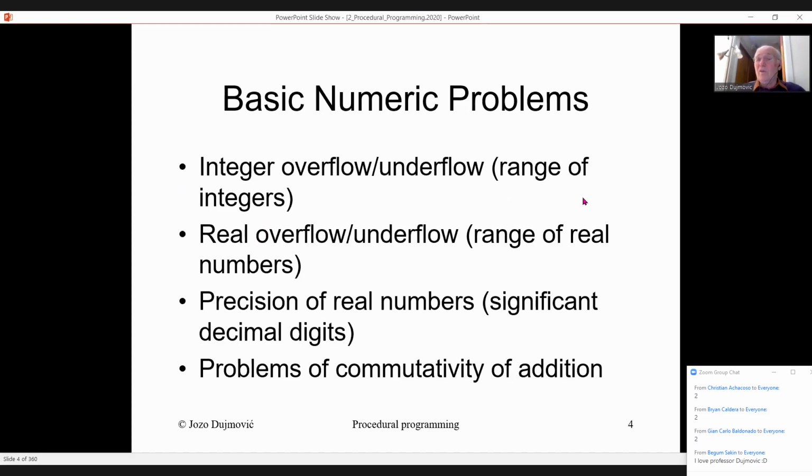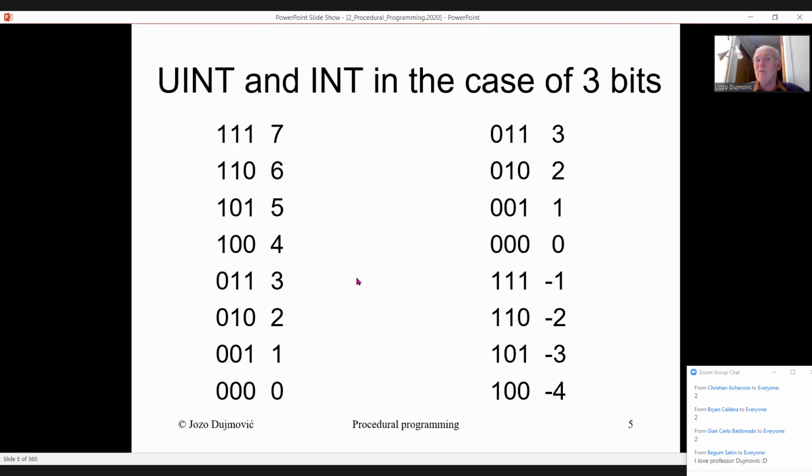Integer has overflow and underflow, and real has also underflow and overflow. And precision, significant decimal digits, are limited, and addition A plus B plus C is not commutative. It is not true that A plus B plus C equals C plus B plus A. So you have all that on the computers that we use, and you have to be aware of that.